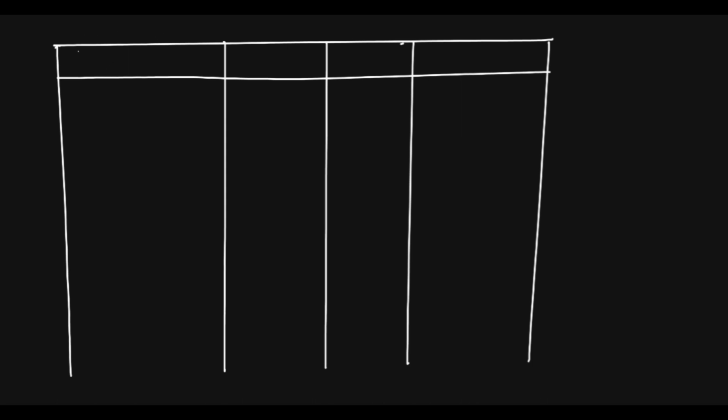So the first one, we'll look at the type of radiation. Now the first type of radiation is the alpha. We'll have beta and gamma. Then for the second row, we'll look at the symbol for each radiation.